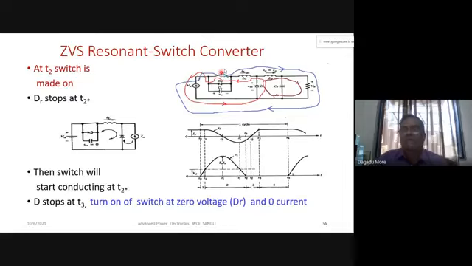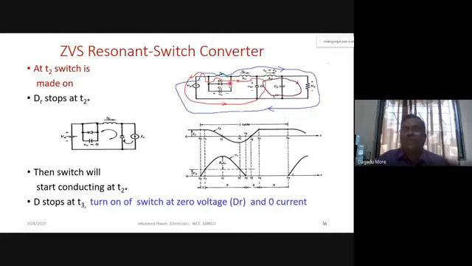But the switch will take the current later. Earlier to that, from T2 to T2 dash, our current is negative, and this negative current, shown with a red color, will be flowing through the diode as the switch is on.